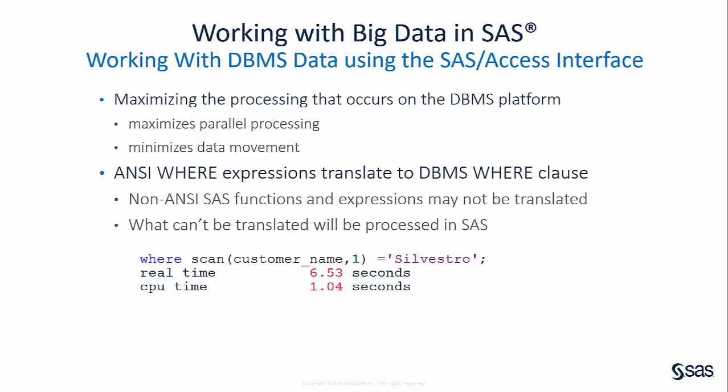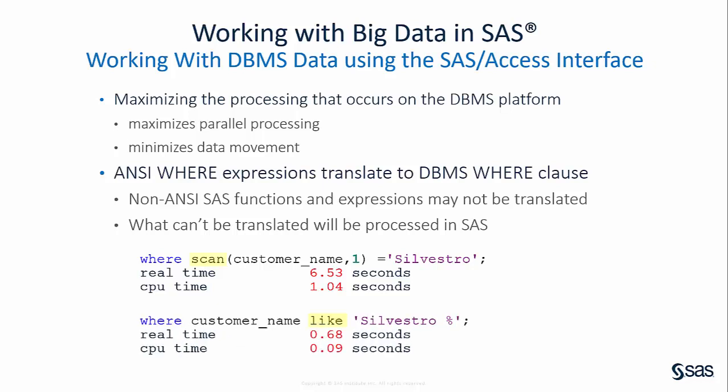For example, here's a where statement that gets all of the rows of data where the customer name begins with Silvestro. When we executed this where statement on the SAS platform, it took 6.5 seconds to return the answer, right?